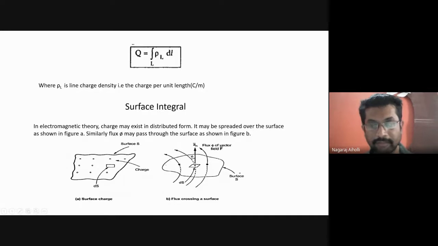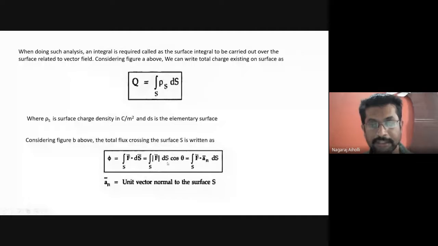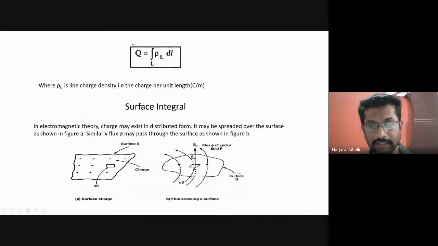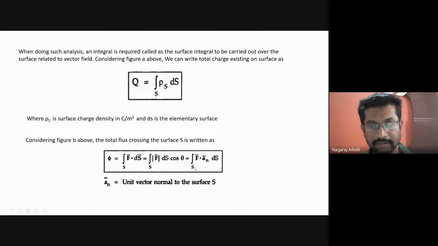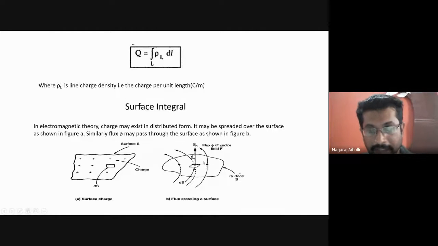Hence we will get f bar cos theta into ds. That is again the projection of f bar on the elemental surface area ds. The projection of f bar on the elemental surface area ds is f bar cos theta into the elemental surface ds. Correct? It is the surface integral. I have the magnitude here, f bar.